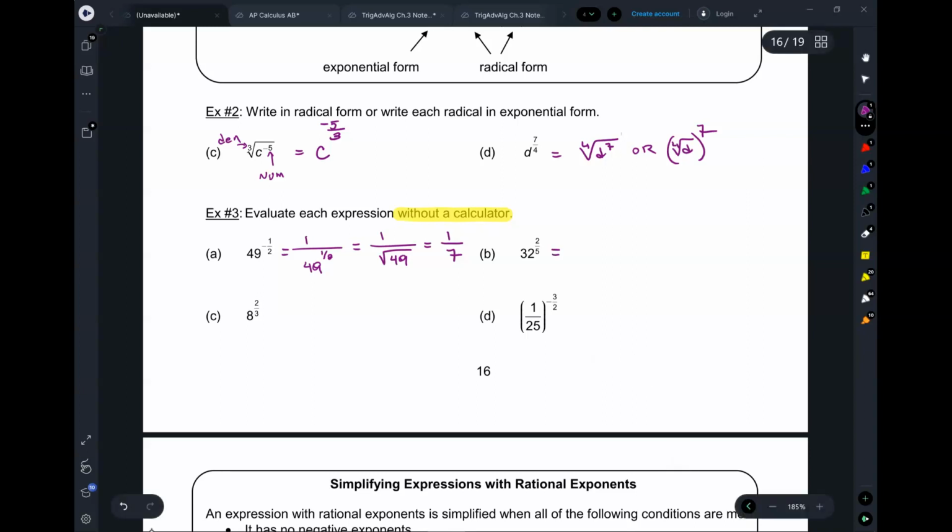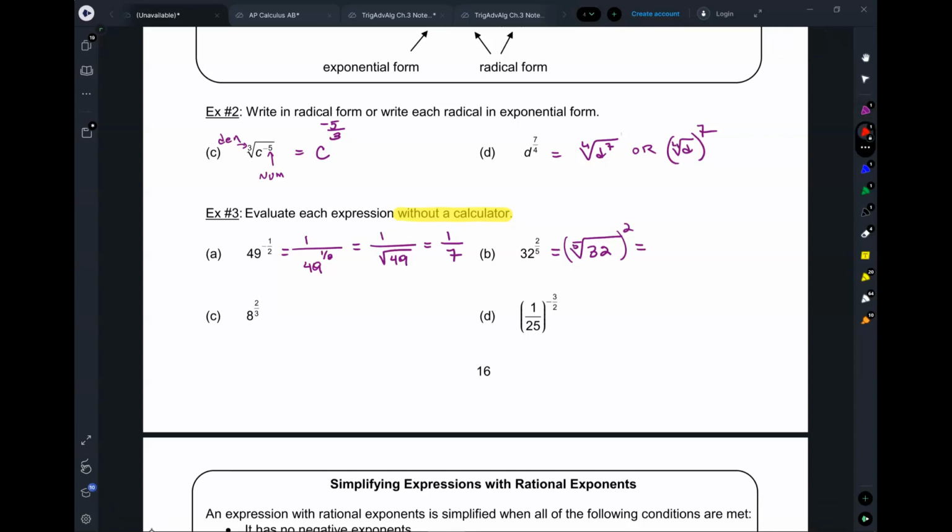Next one. So take a look at this one. I have the 5th root of 32. Now, look, don't write this yet. 32 squared. Now, I don't know about you, but I don't want to square the 32 and then have to deal with that. So, in a case like this, I will just put the 2 out here. So now, look, I have to do the 5th root of 32.